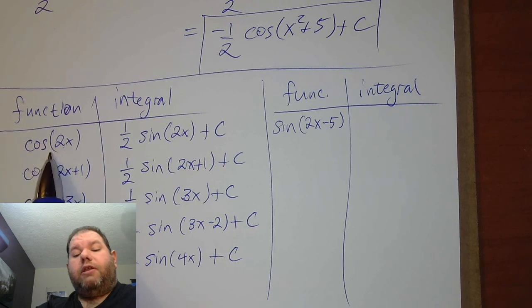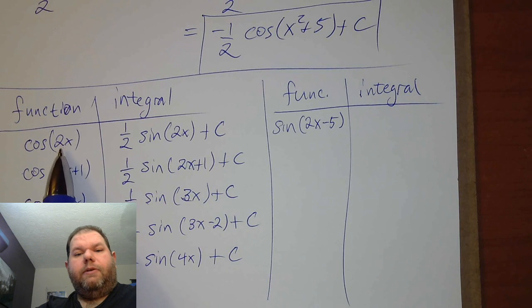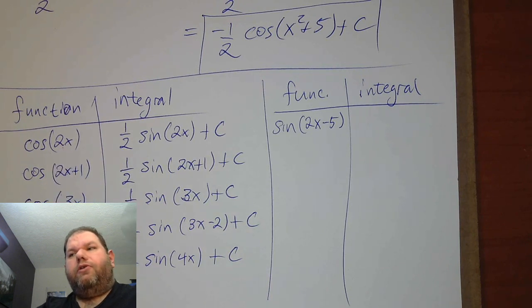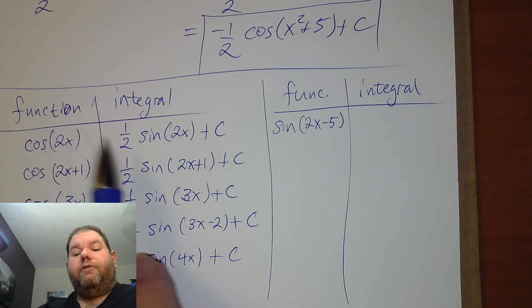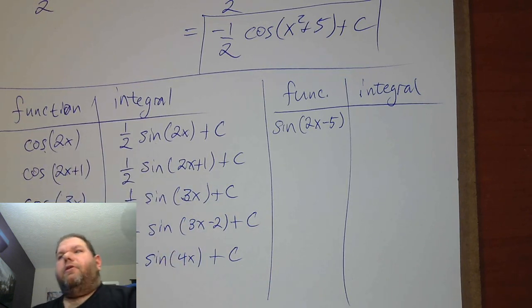We can just go directly from here to here as the integral. For these linear u substitutions, once you get a little practice, it's pretty easy to skip past these and just go directly to the answer. It would be good for us to be in that place where we can go directly from integral of cosine 2x to 1/2 sine 2x.